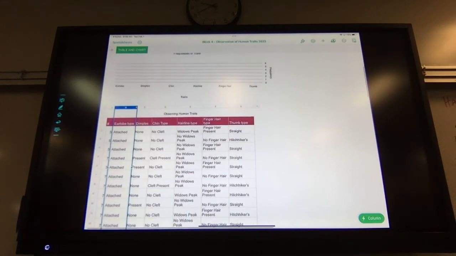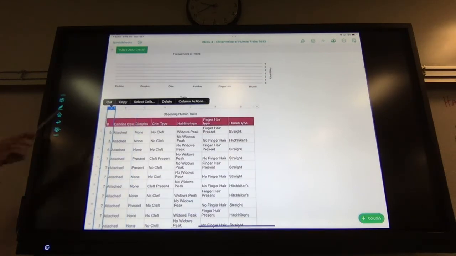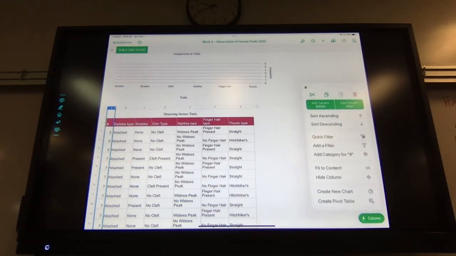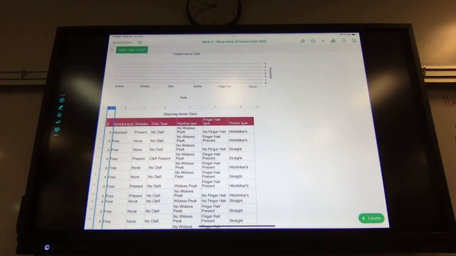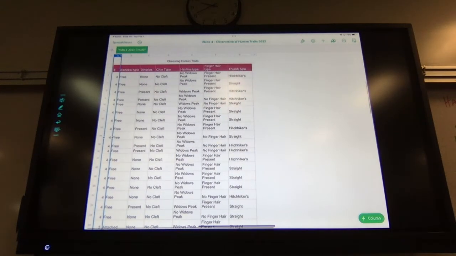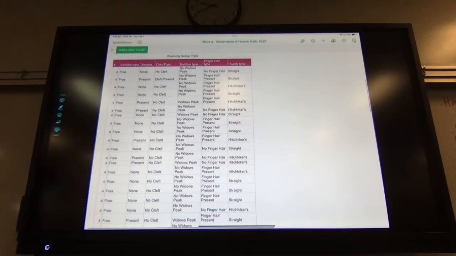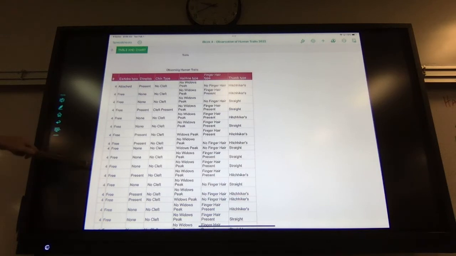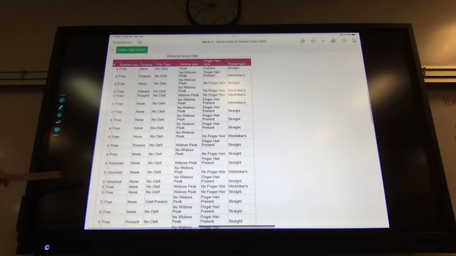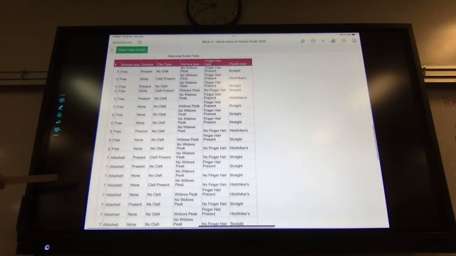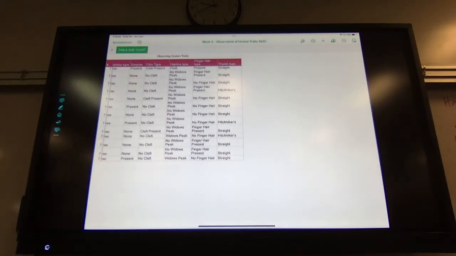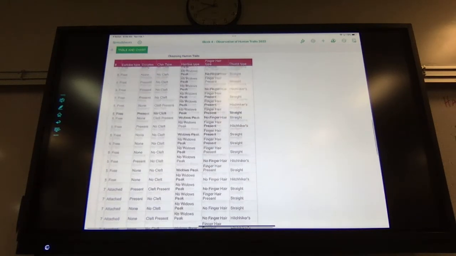Now go ahead and click on the letter A for column A, and we're going to Column Actions and sort that ascending as well. So now what happened was we sorted, and all of you guys who have free earlobes are at the top. And it looks like everybody from block 4 has free earlobes, except for one person.